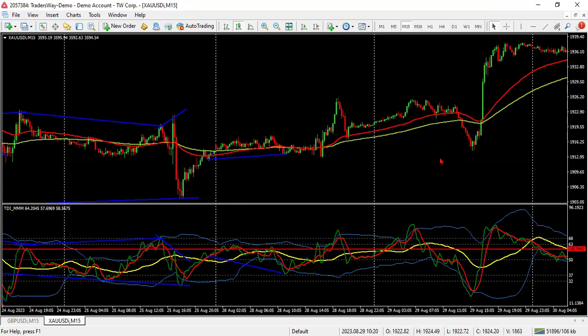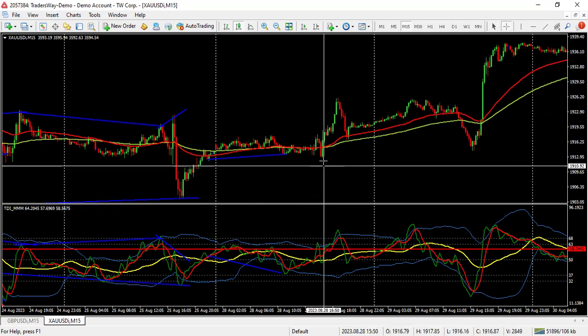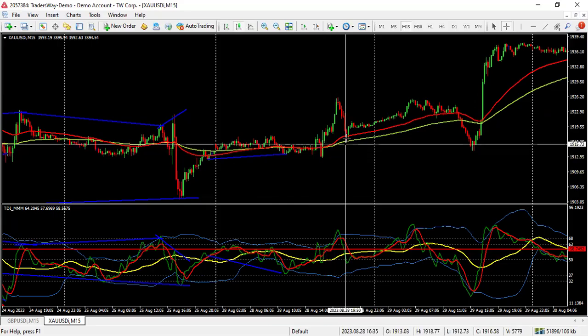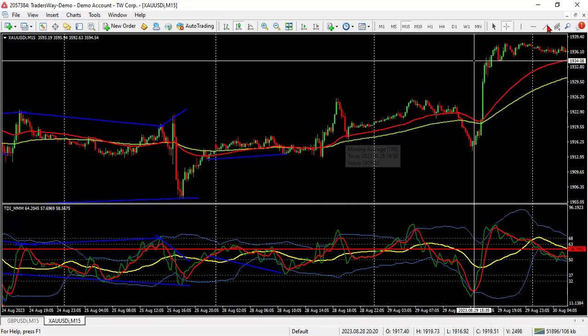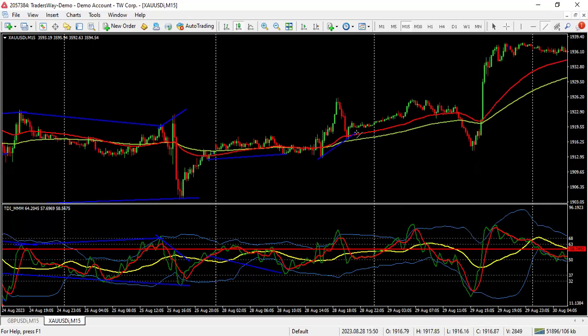And there you go to the next day, really the same day. We have this, a low and a higher low. And at the same point in time, I think you have equal lows on the TDI, which is still bearish.